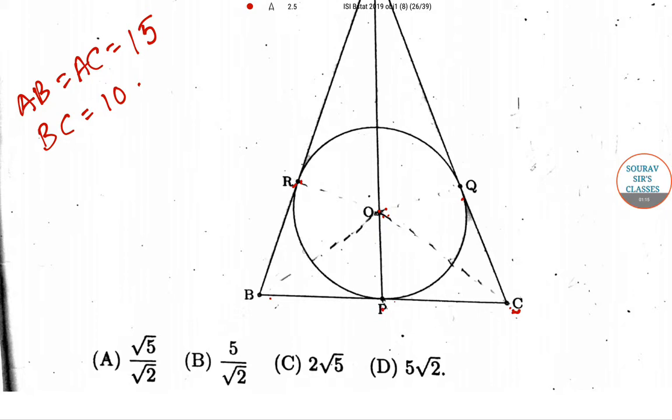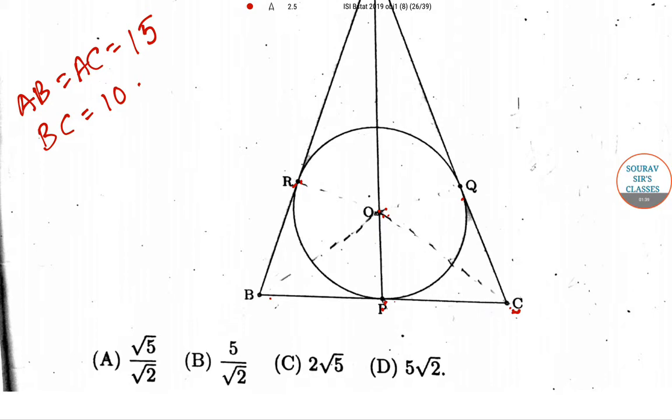Now we can easily see OP is the inradius of the triangle. Now we are joining OP, OR, OQ, OB, OC and OA.